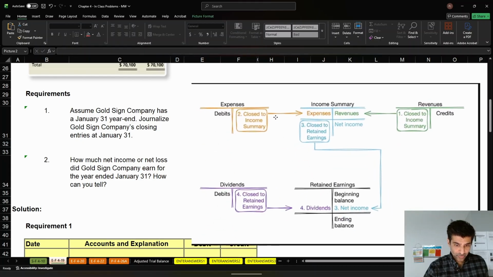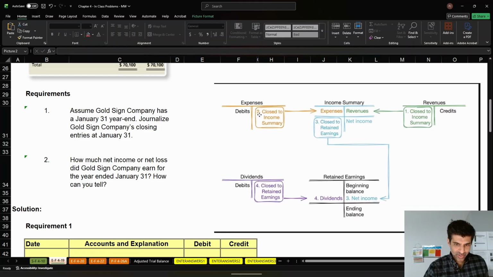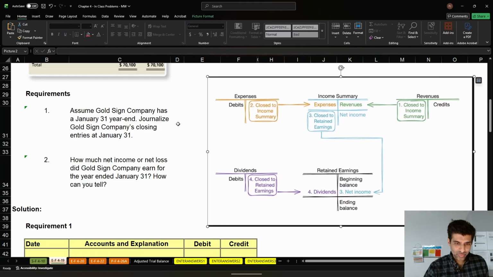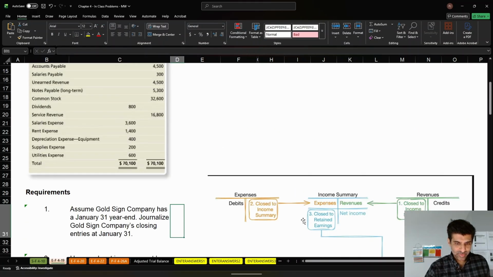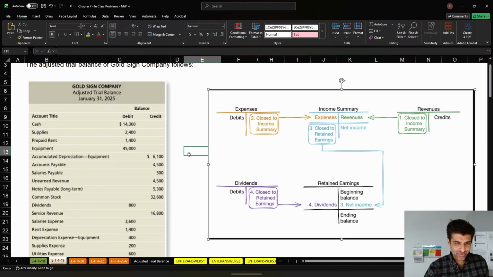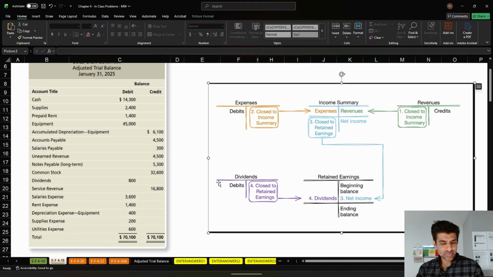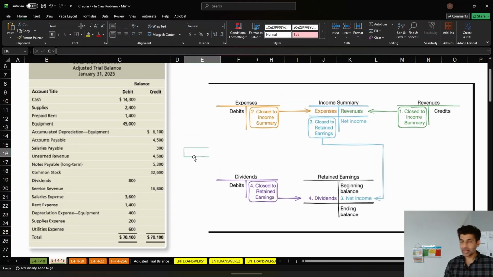There will be 4 journal entries, and they're all color coded. It's showing you what the debit is, what the credit is, and you just need to apply this abstract diagram to the specifics of this particular company and their adjusted trial balance. So go ahead and try that, and then we'll reconvene.